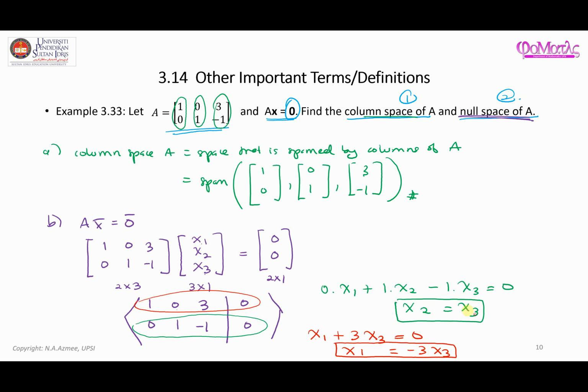So we have 2 equations but 3 unknowns. Therefore, in your mind, you should be thinking that we are going to be dealing with a free variable, and I'm going to let x3 be the free variable. So let x3 equal t, where t can be any real number.